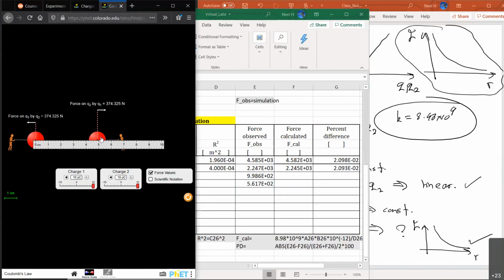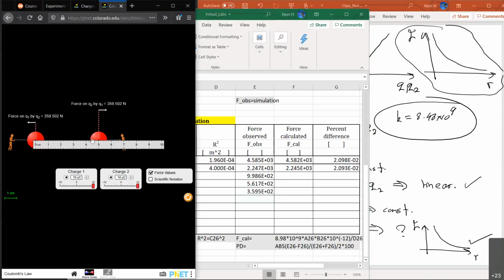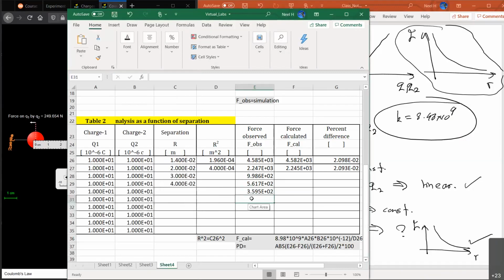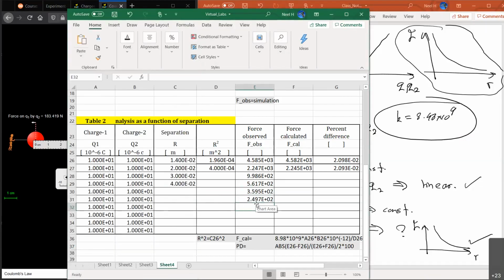Any questions so far? 359.50. 6 centimeters, 249.64. 7 centimeters, separation only we are changing, 183.41.